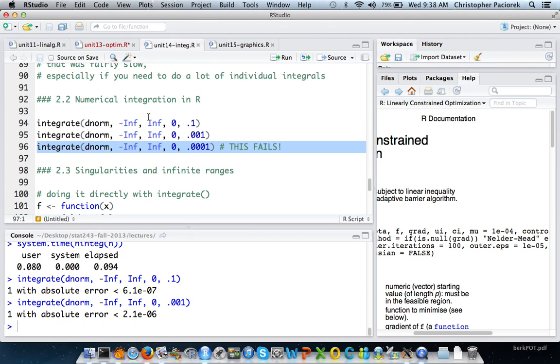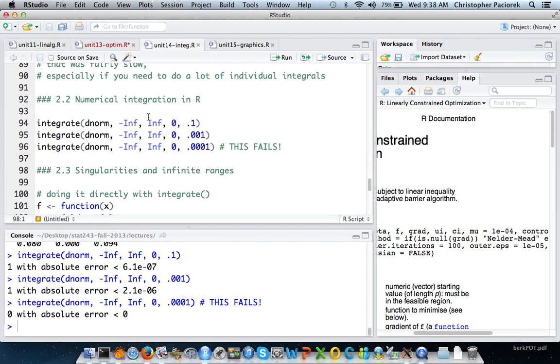Once that standard deviation gets really small, this actually fails, and in fact it fails in a way that's in some sense catastrophic, in that it doesn't really warn us that it's failing, which is the worst kind of failure of all. It says, oh, the answer is 0 with absolute error less than 0. Well, maybe this should give you a warning. Maybe this should make you pause. I'm not sure. But obviously this is quite far off from the actual answer, and we don't get any particularly helpful information back from R that something has gone wrong.